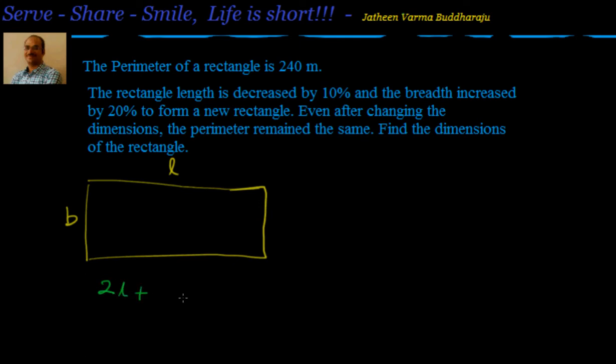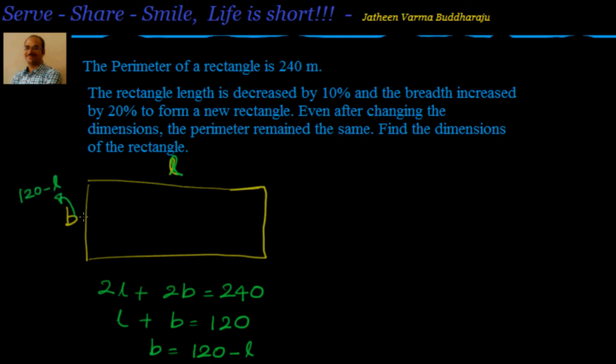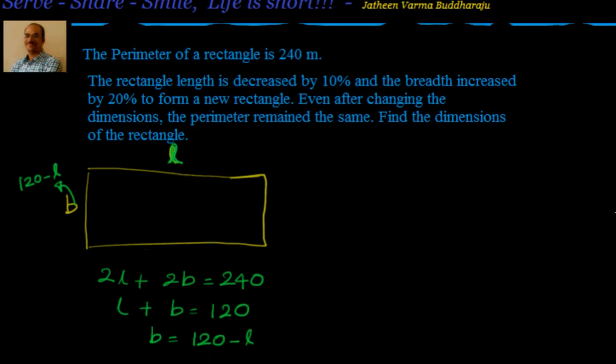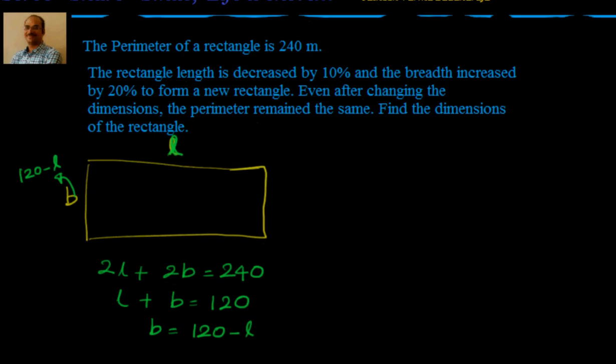So can I say 2L plus 2B equals 240, or if you divide by 2 throughout, L plus B equals 120, or breadth equals 120 minus L. So if length equals L, breadth is 120 minus L. We have represented length and breadth in terms of L.